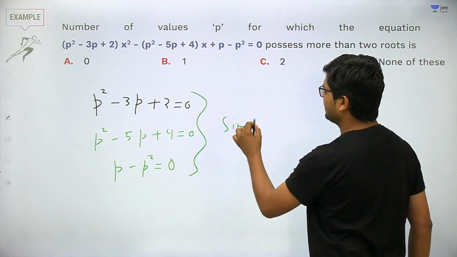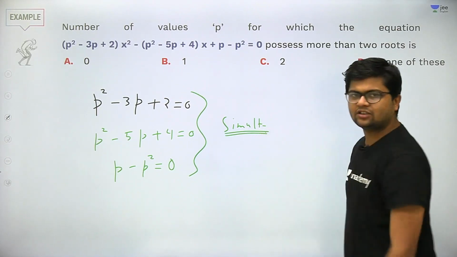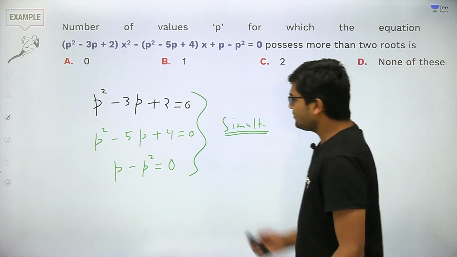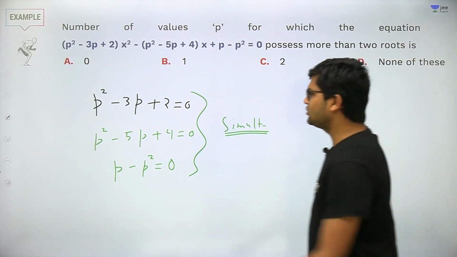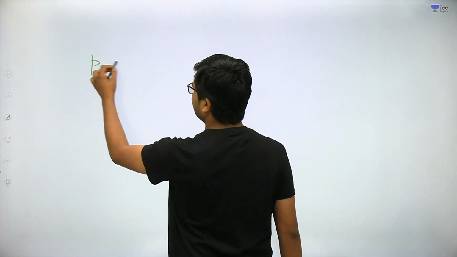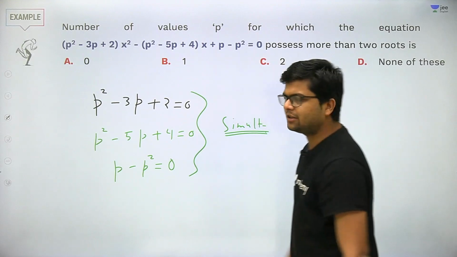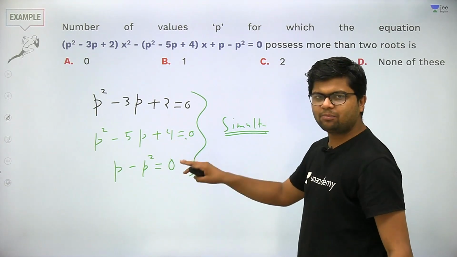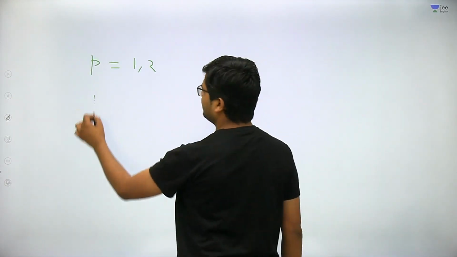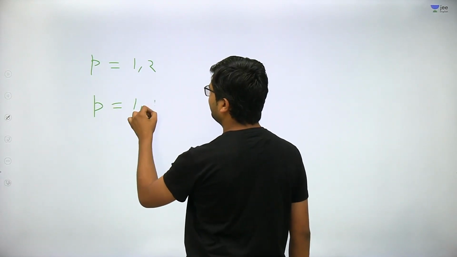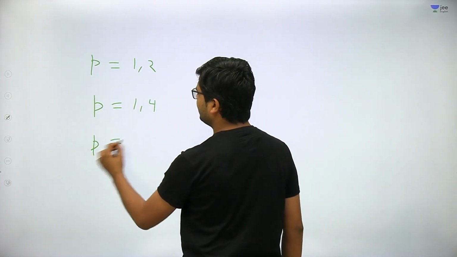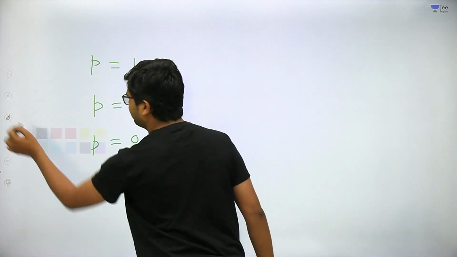It should happen at the same time. So this equation needs to be 0. If you factorize the first equation, you will get p as 1 or 2. If you factorize the second equation, you will get p as 1 and 4, p minus 1, p minus 4. Therefore for the second equation to become 0, the values of p are 1 and 4, and for the third equation the values of p are 0 and 1.